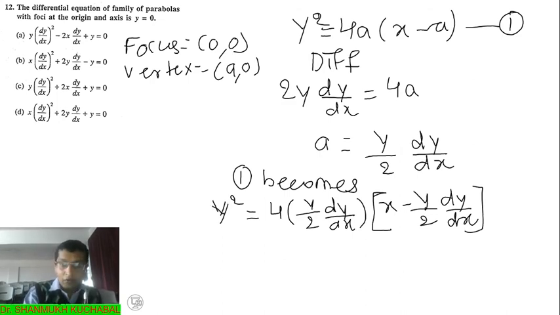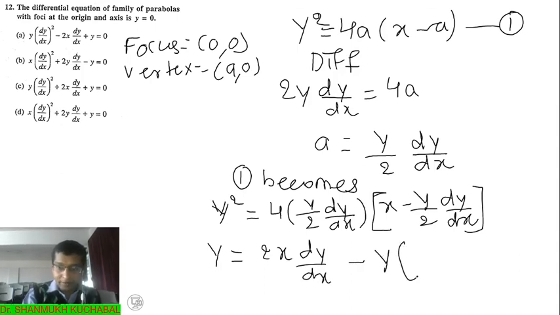Further, simplifying, we get y equal to 2x dy by dx minus (y times dy by dx) whole square.